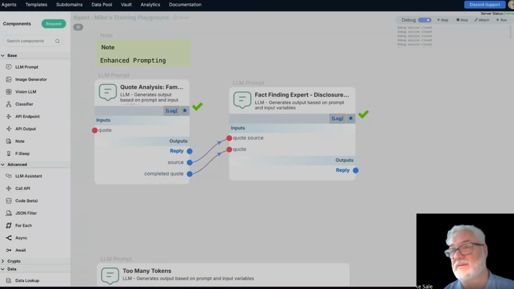Providing context, providing a persona, helping the LLM know how it should approach this and giving it background. Those are some core things around prompt engineering that everybody should understand.